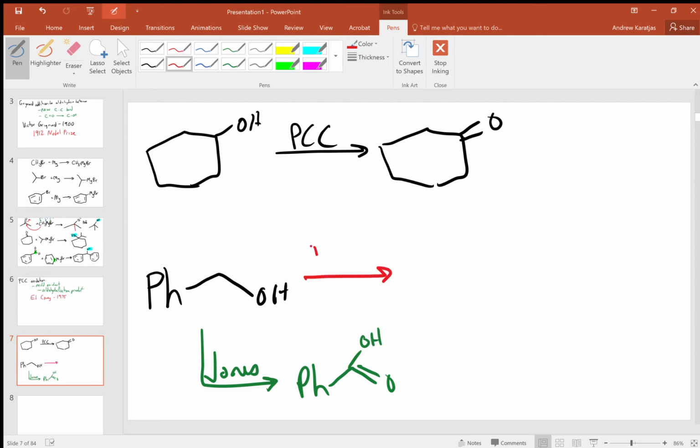With PCC, we get to the aldehyde and the reaction stops there. So it allows us a much higher level of control on this reaction. By looking at the mechanism, we can get into first of all how this reaction works, but we can also then talk about why the PCC oxidation stops at this point.